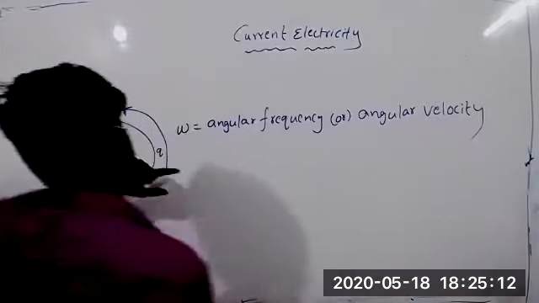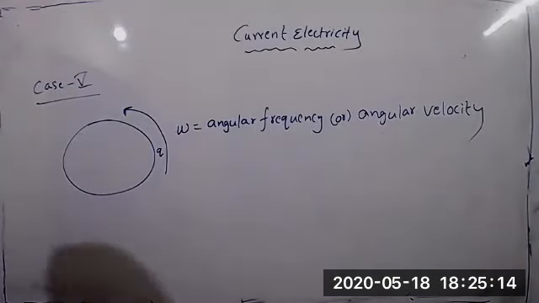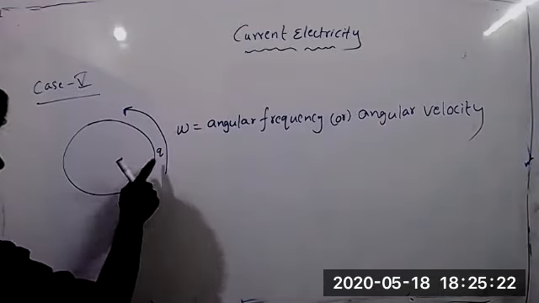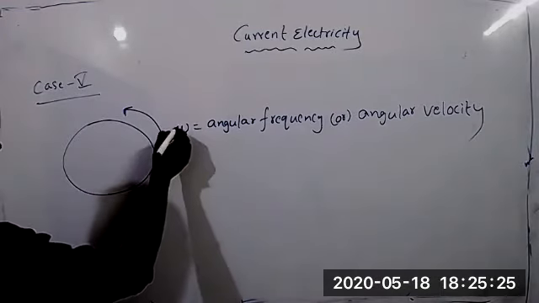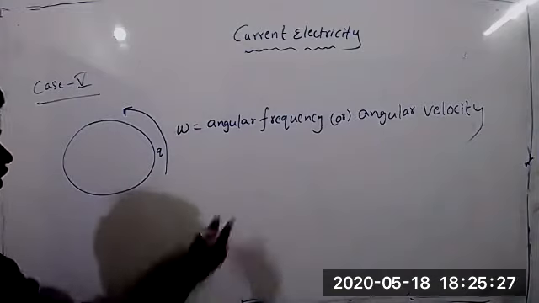When it is moving with angular frequency or angular velocity, how much current is produced? Calculate the current. This charge is moving with this angular frequency or angular velocity.